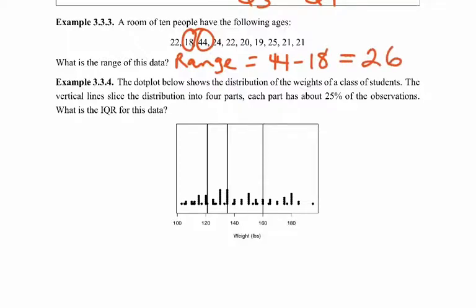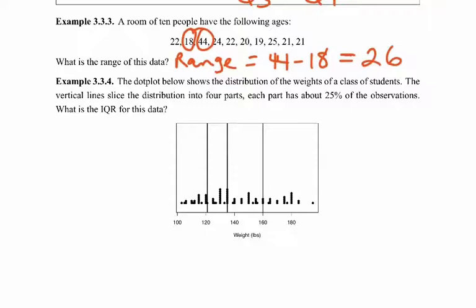Okay? The dot plot below shows the distribution of the weights of a class of students. The vertical lines slice the distribution into 4 parts. Each part has about 25% of the observations for the data. This is different from the ages; now we're looking at some other data set, and they're giving you the cutoffs for each 25%.